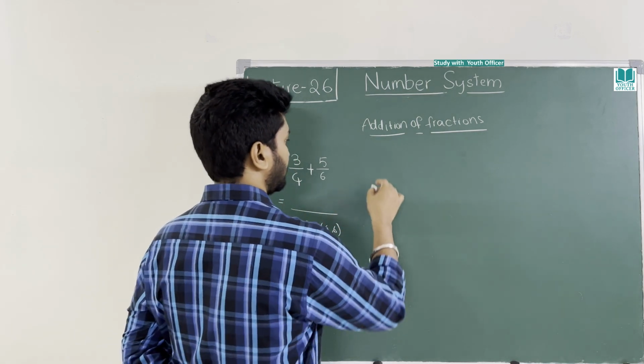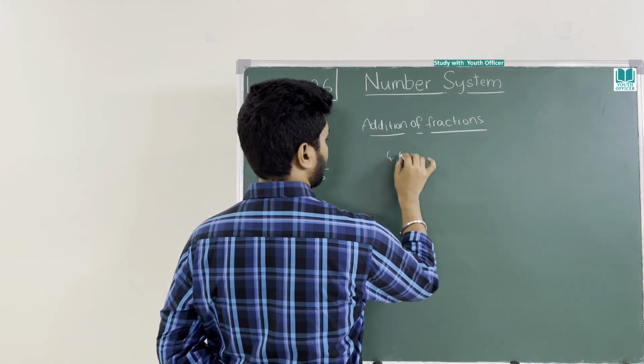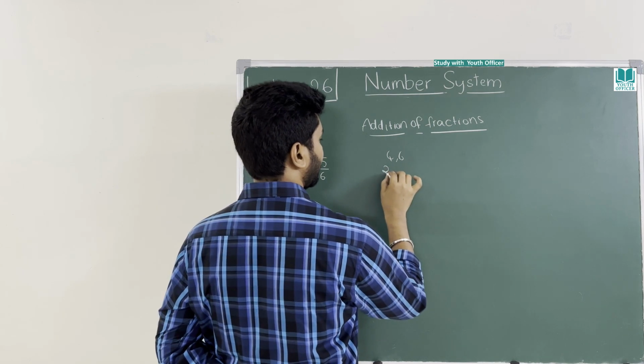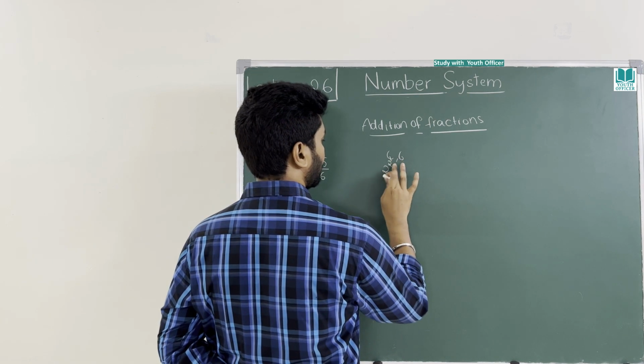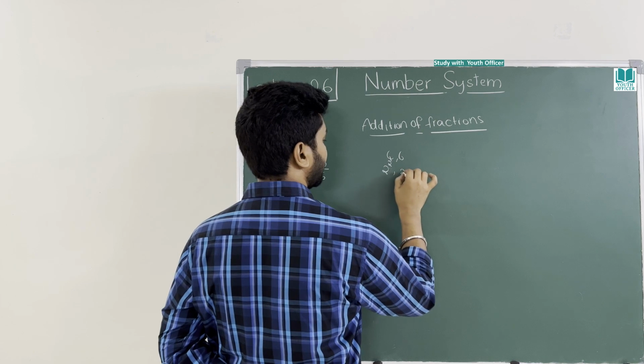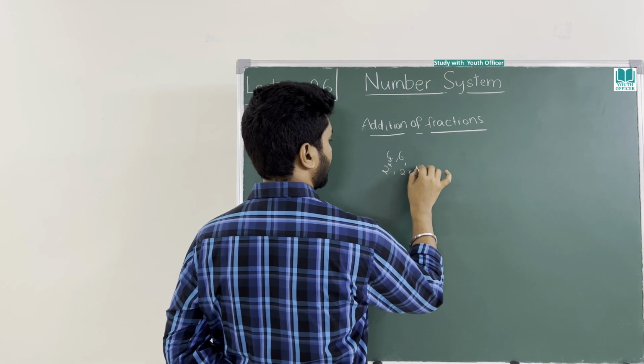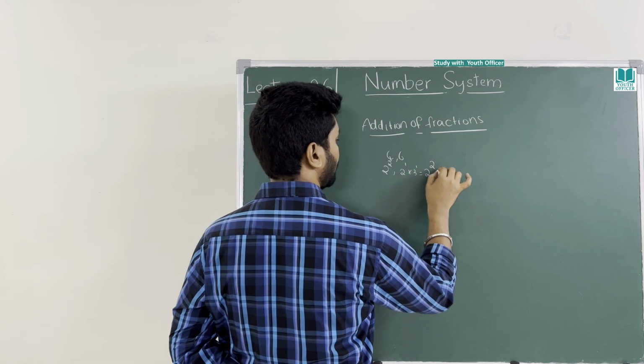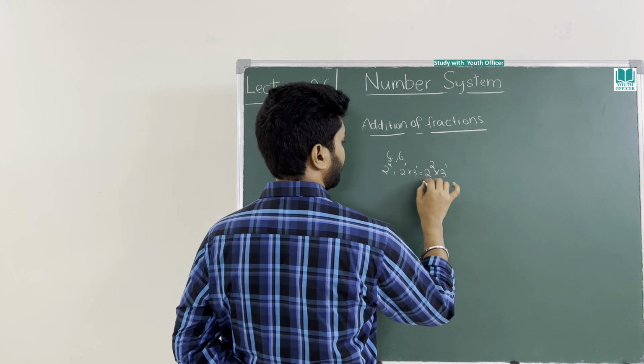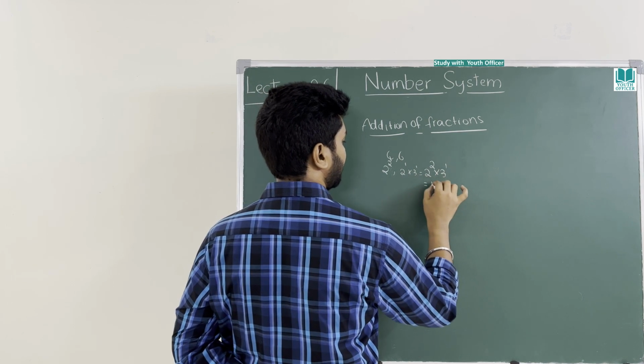You already know how to calculate the LCM of 4 and 6. 4 you can write as 2 power 2 and 6 you can write as 2 power 1 into 3 power 1. We will take the highest powers, 2 power 2 into 3 power 1, that is 4 into 3, 12.